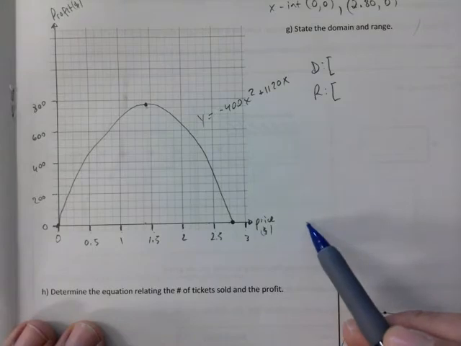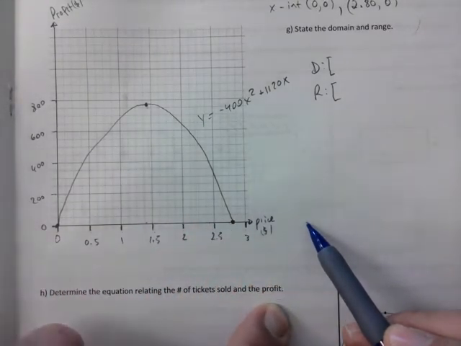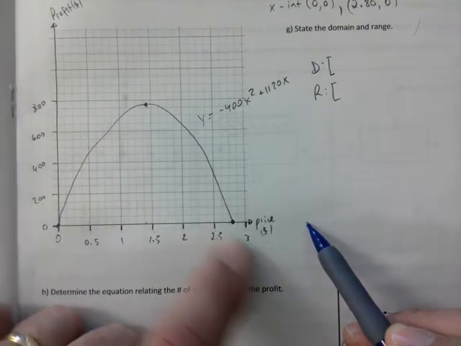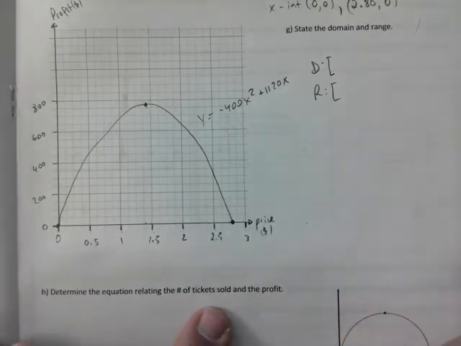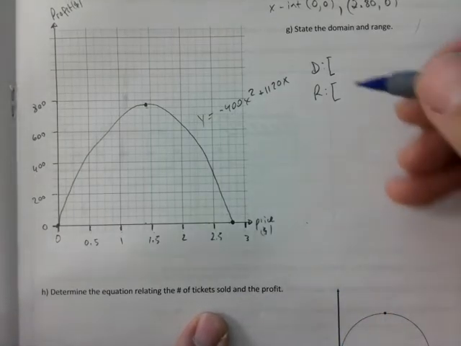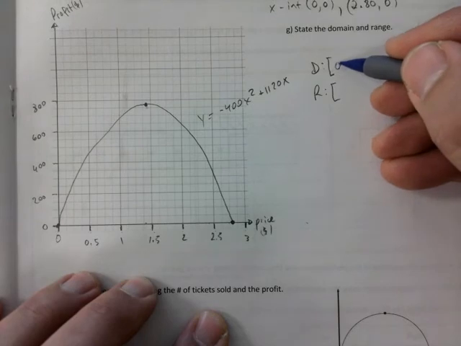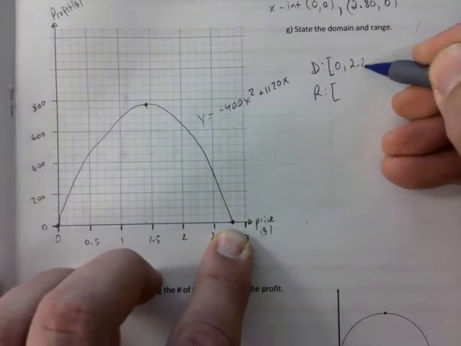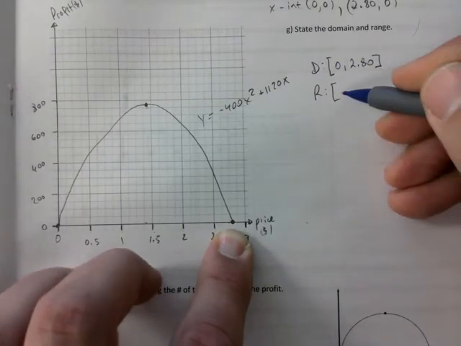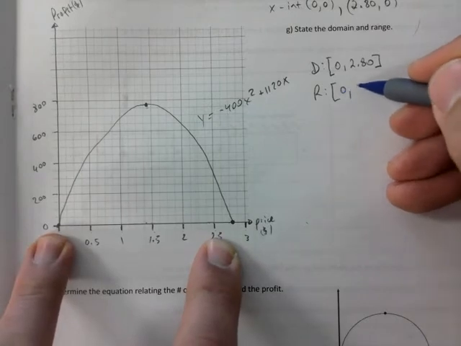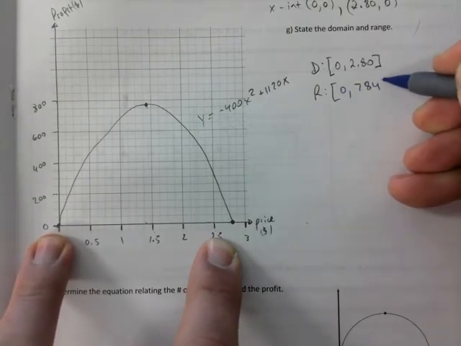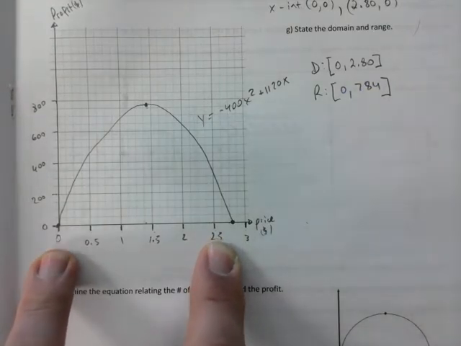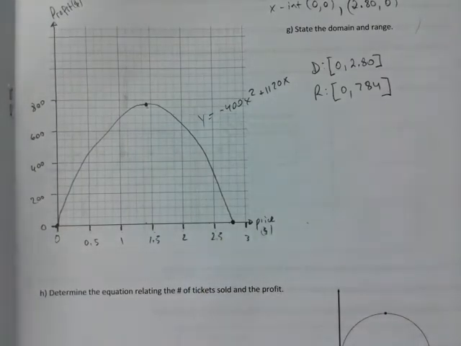If you went to $4, you'd probably be somewhere down here, right? So I would indicate that you'd probably be losing money there. So domain is 0 to 280, and the range goes from 0 all the way to 784. There you have it.